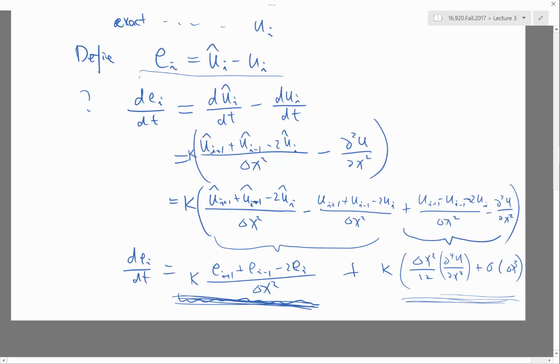If you write this term as a matrix, you need to know what is the spectral property of the matrix. Does my matrix have eigenvalues on the positive side of the complex plane, or is everything on the negative side of the complex plane? That's very important in the spatial discretization. When you talk about temporal discretization, then some other region in the complex plane is what you should be considering.